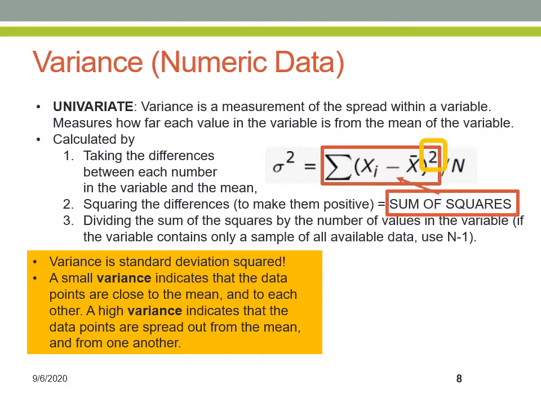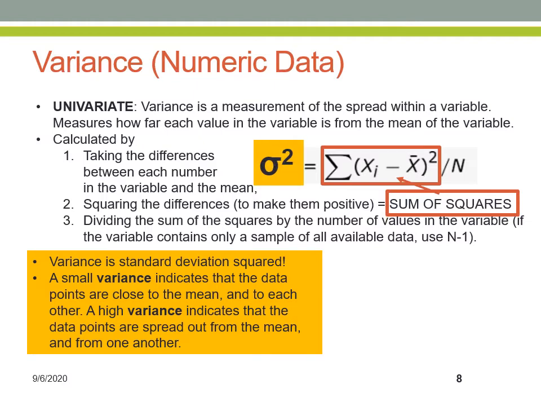Then we square all those distances to make them positive and add them together. That gives us the sum of squares, which is nothing else than all the distances of all the values from the mean of the same variable. So it's usually a pretty big number. But because we are really looking for one single measure of variability here, we divide that sum of squares by the count or the frequency of the data points, and out comes the variance.